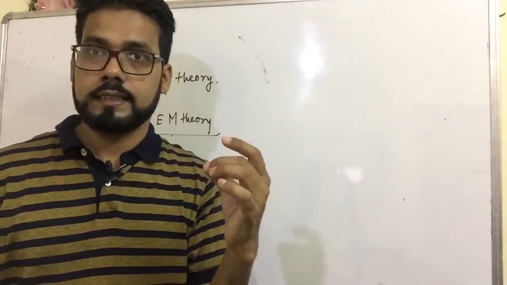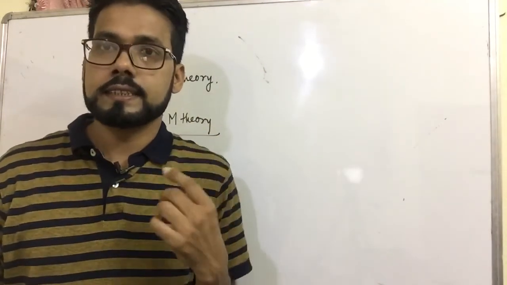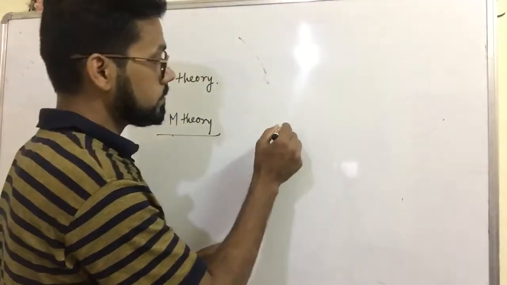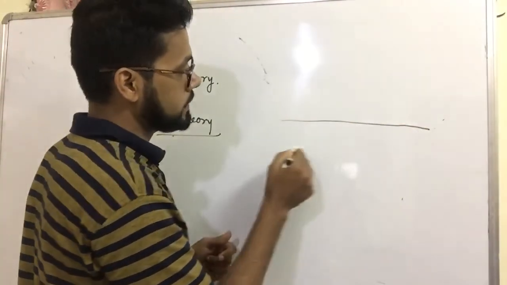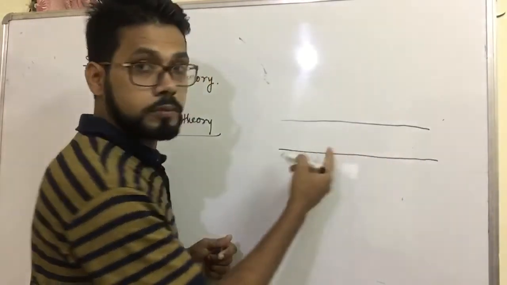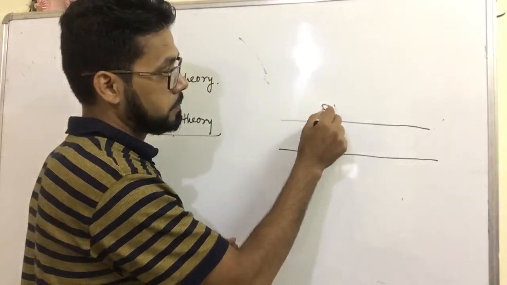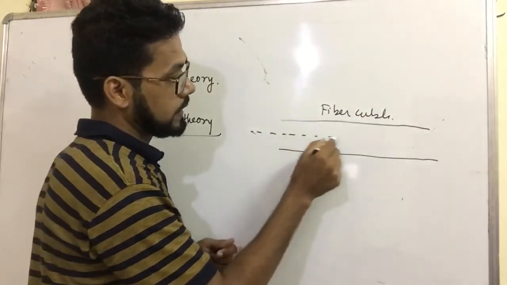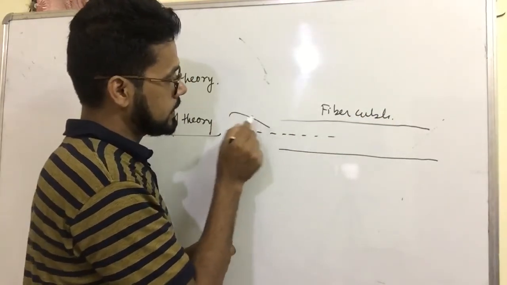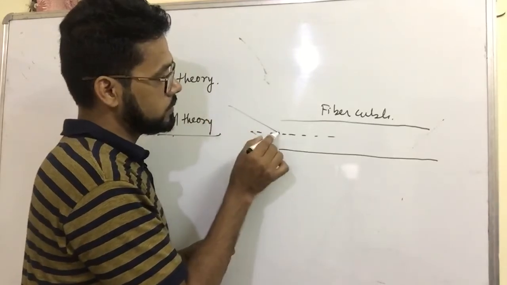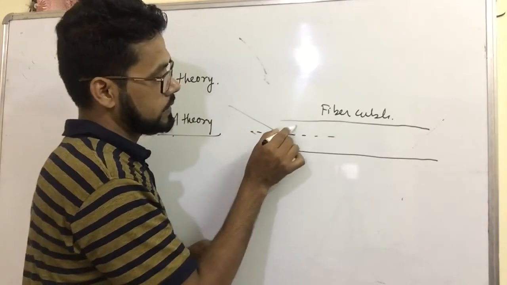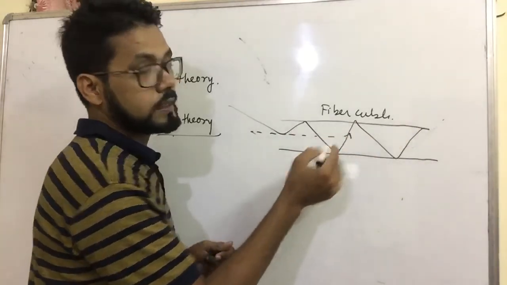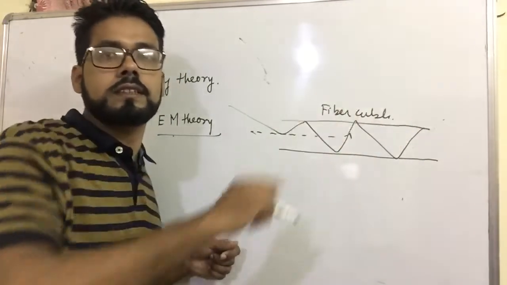After that, what happens inside the cable after sending the signal? See, this is a cable, an optical fiber cable. This is the axis. Here we are using geometrical optics. Suppose this is the electromagnetic radiation. Total internal reflection takes place inside that cable.